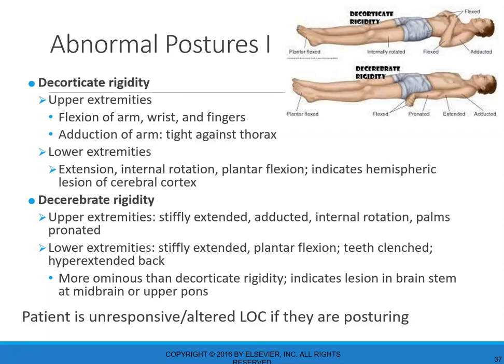It is a more ominous sign than decorticate rigidity, and it indicates a lesion in the brainstem at the midbrain or the upper pons. With these postures, the patient is unresponsive and has an altered level of consciousness.